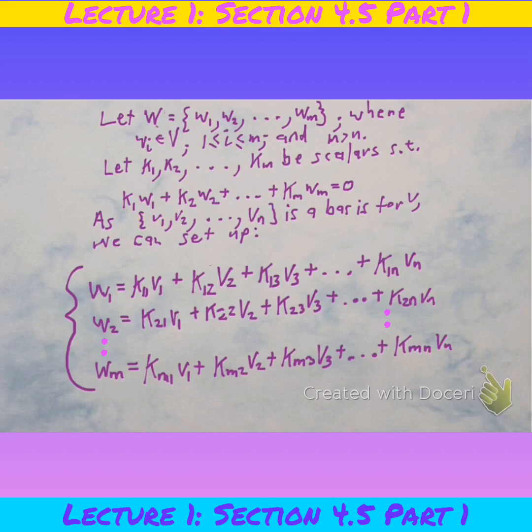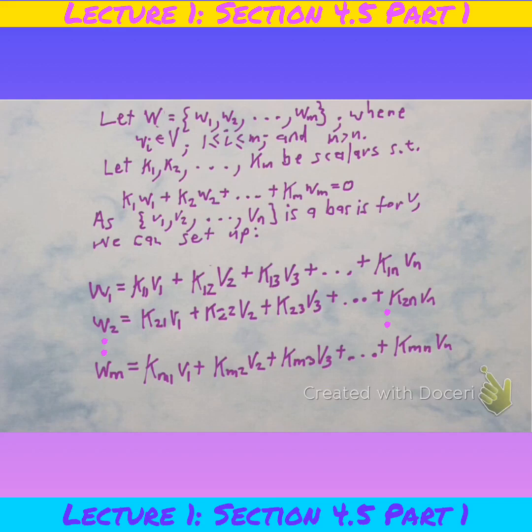So remember what the equation for a linear combination is. All of these quantities are scalars, and I just labeled them in this particular way. It doesn't really matter how you label them. Each W can be expressed as a linear combination of vectors in the basis.